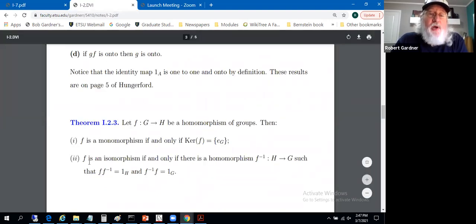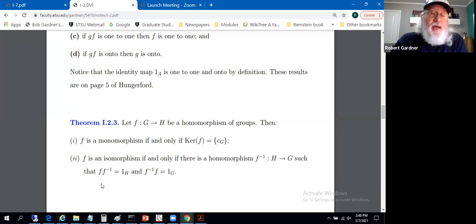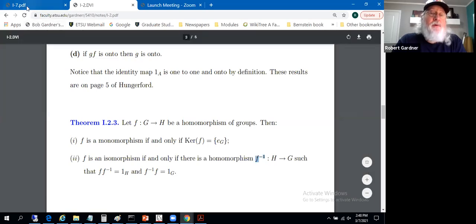We said in part 2, F is an isomorphism if and only if there are homomorphisms, F inverse mapping H to G, such that the composition of F with F inverse equals the identity and the composition of F inverse with F equals the identity. Back from section 1.2 where we're talking just regular old functions and not morphisms. But we've created a setting, a category, where the morphisms are regular old functions. So this F inverse is playing the role of G.